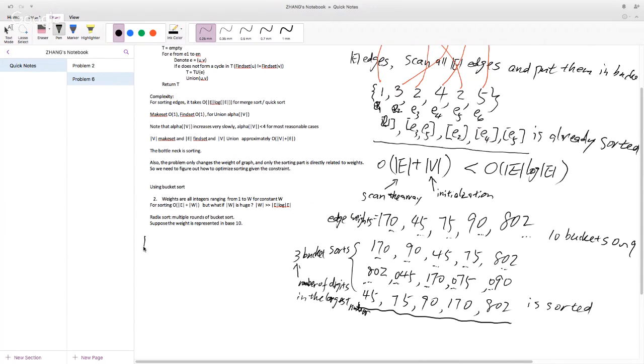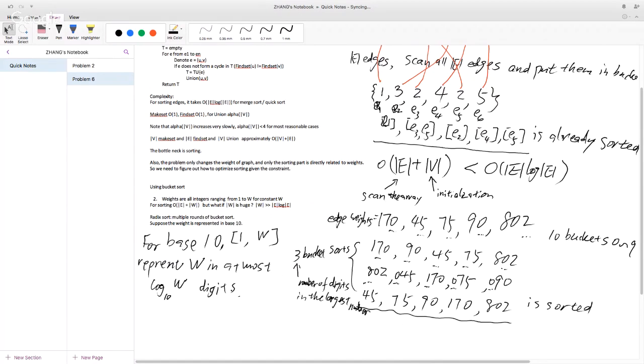So for base 10, if the range is 1 to W, we represent W in at most log base 10 of W digits. So there are log 10 W rounds of bucket sort.